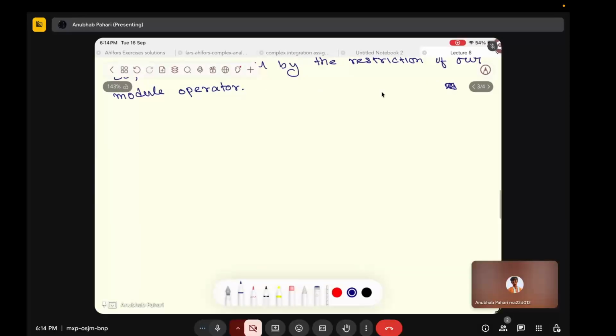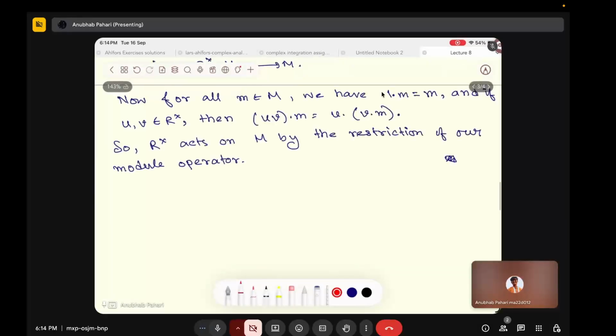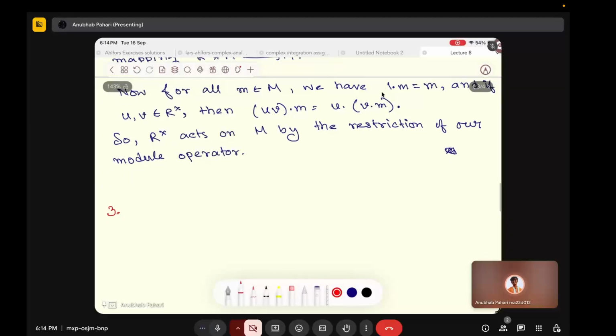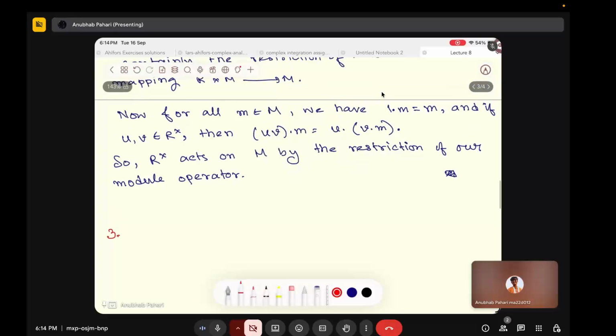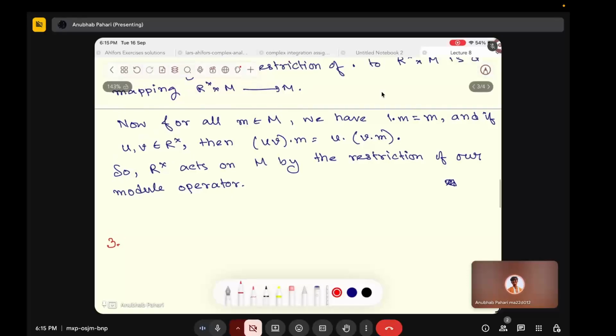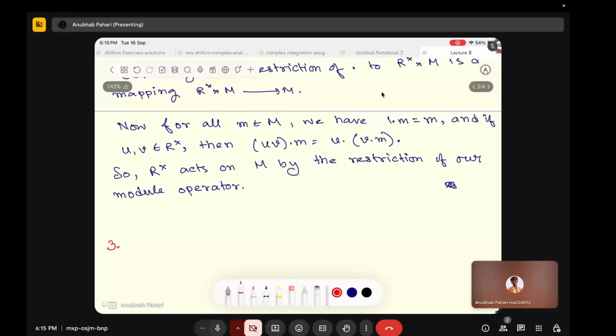Now, for the third question, we are getting familiar with the defining properties of a module over a ring. I think in this class it is right that we go with the basic problems first, and most of these problems are from Dummit and Foote, so you can also look in there for any reference or any theorem or proof.